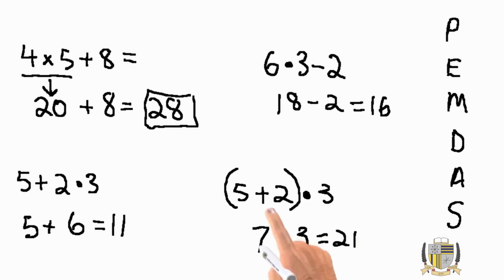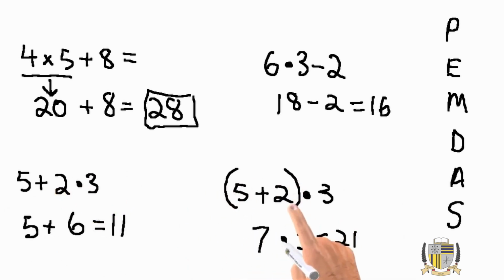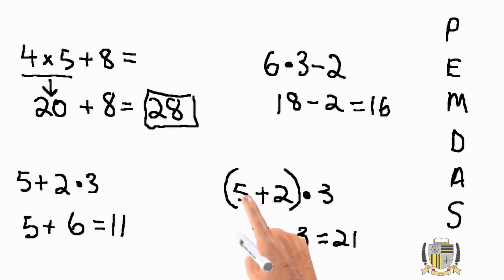So you can see the answers are different, right? The problem looks similar, but once I introduce this parentheses, it changed the whole answer. Look at that. This one equals 11, this one's 21. So you have to be careful and keep an eye out on what's going on.